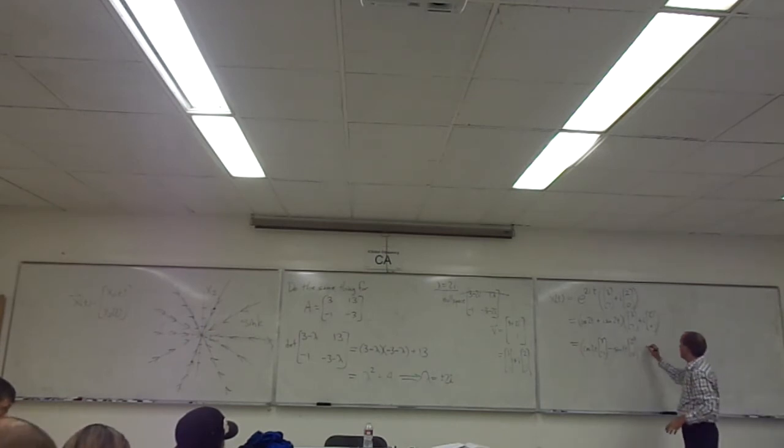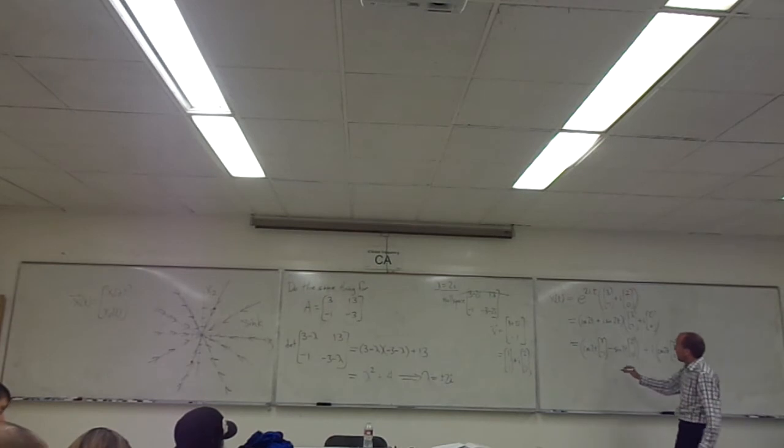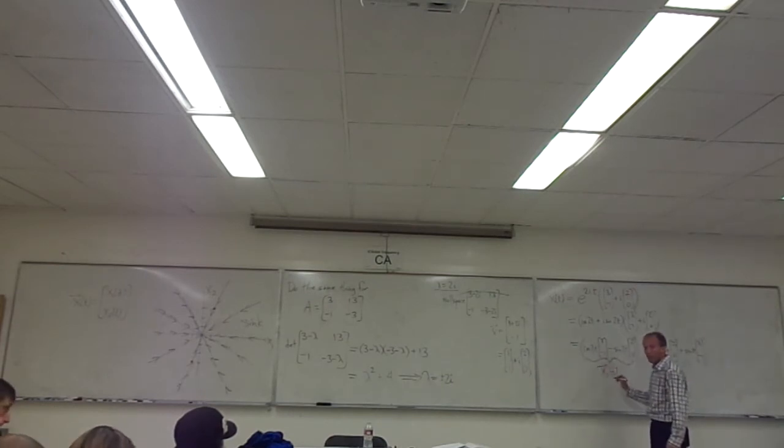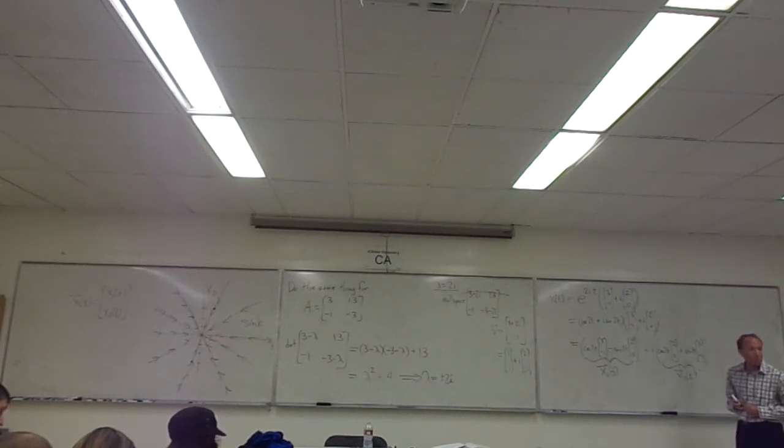And then the second part is plus i times, let's see, it's going to be cosine of 2t times 2, 0 plus sine of 2t times 3, negative 1. Make sense? So now this one right here, this is going to end up being my x1, my first solution. And just this part right here, without the i, is going to be my x2. So you see how I'm getting my two solutions?